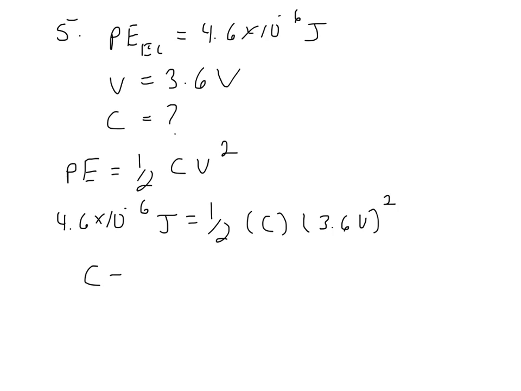We do that math, we get C equals 7.1 times 10 to the negative 7th farads. And if we convert that to microfarads, we divide by 10 to the negative 6th. We get 7.1 times 10 to the negative 1st microfarads. And that's the end of those 5 problems. Do the last 5 on your own.